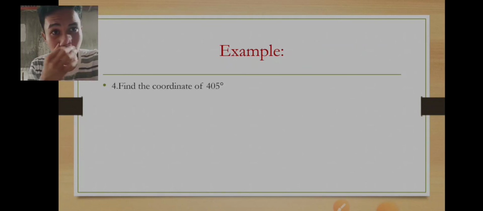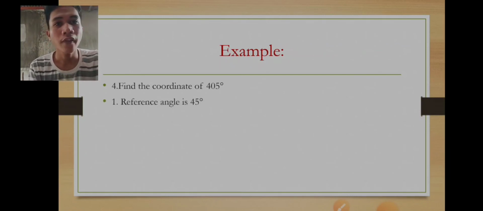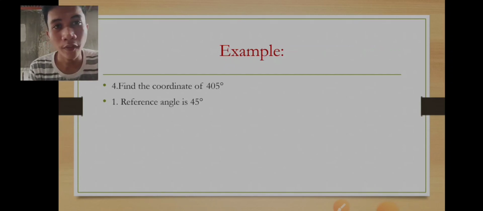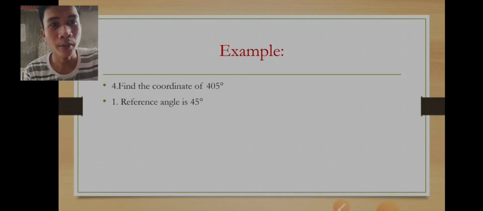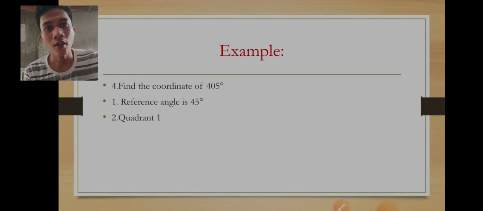For example, how to find the coordinate of 405 degrees. We need to first find the reference angle. The reference angle of 405 degrees is 45 degrees, and we all know that for 45 degrees the cosine is square root of 2 over 2 and the sine is also square root of 2 over 2. 405 degrees is in quadrant 1, where the cosine is positive and the sine is also positive.